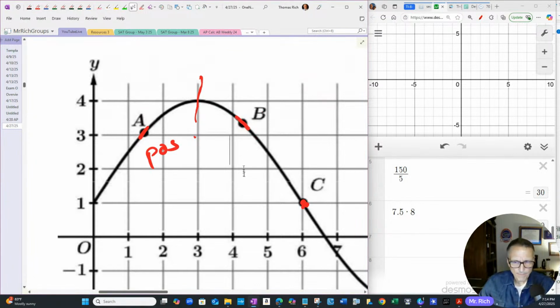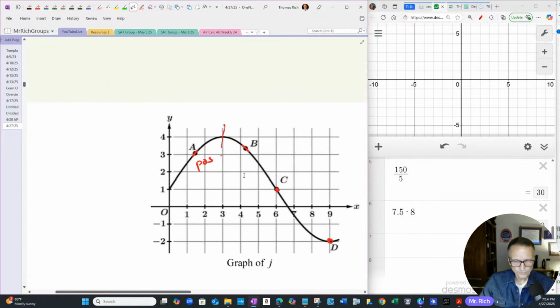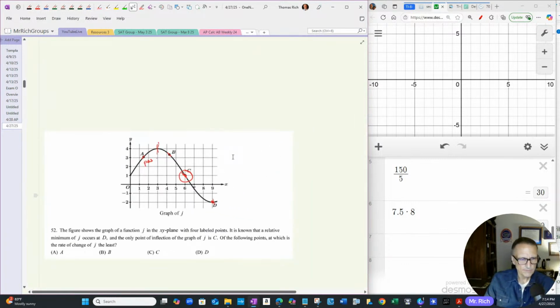But what happens at a point of inflection, this is going to be the steepest part. All the way from this relative max to this relative min, the function is decreasing and the rates of change are negative, but it's at that point of inflection where the rate of change is the most negative. So that's where the rate of change would be the least. So the answer here has to be at point C.